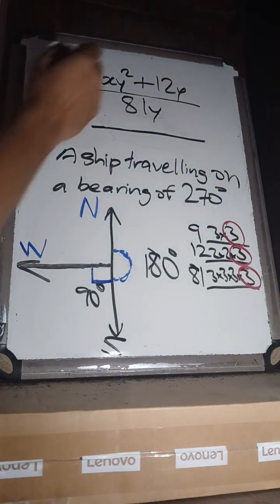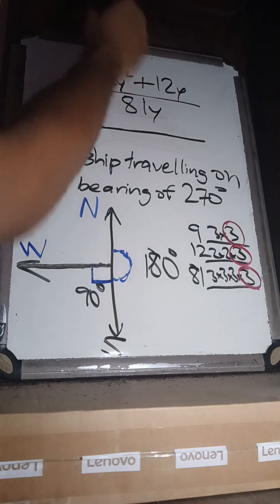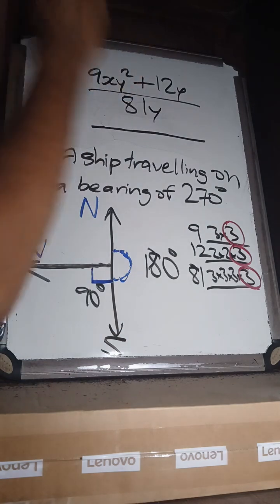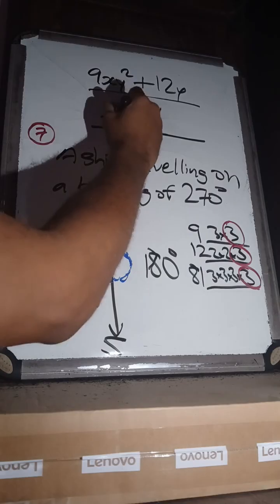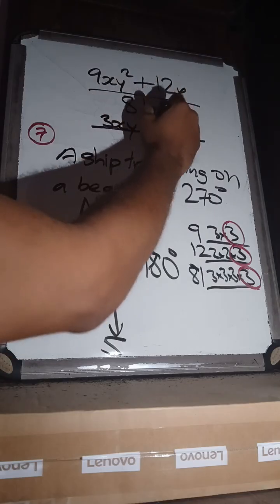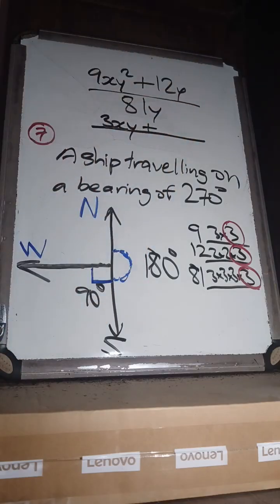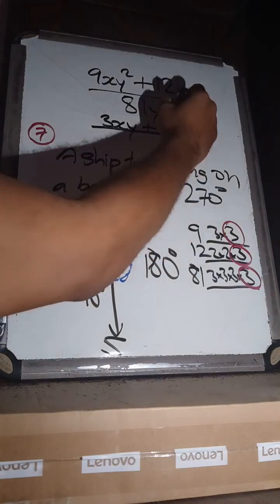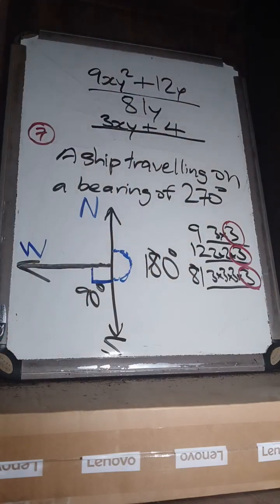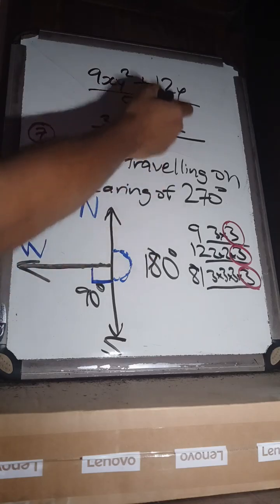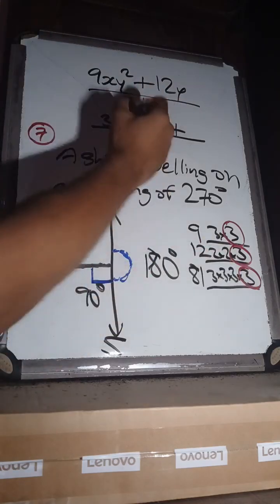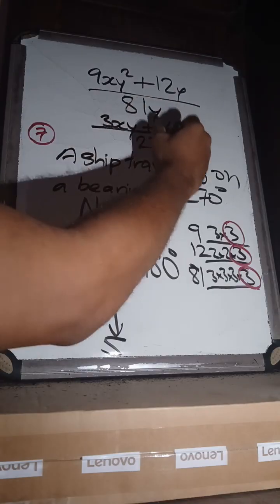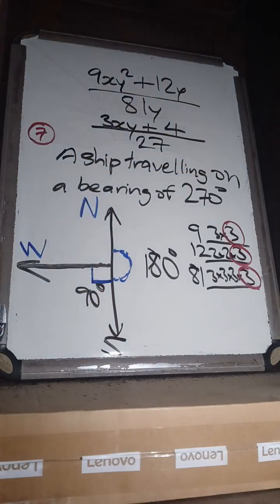So if you divide this by 3 and y, you'd end up with what? 3xy. You divide that by 3 and y, you'd end up with just 4. And if you divide this by 3 and y, you'd end up with just 27.